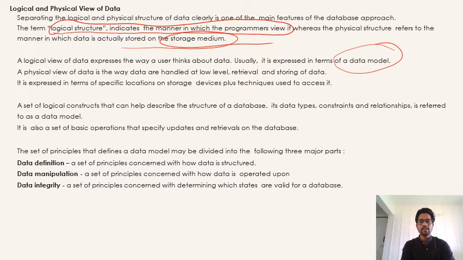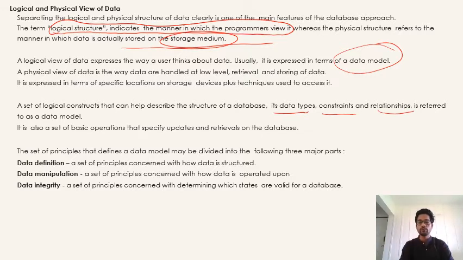So a set of logical constructs can help describe the structure of a database. It may contain data types and constraints, meaning we are going to be applying some conditions: how employee details can be stored, and what kind of relation there is with some other database systems.